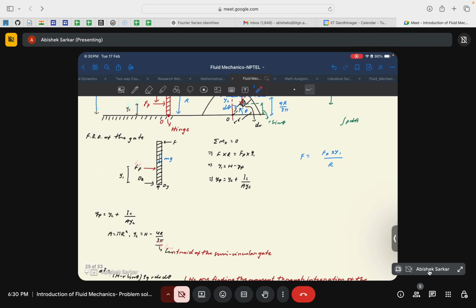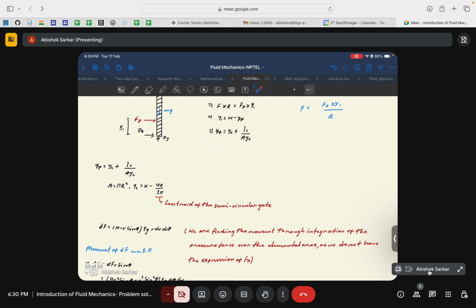So the net elemental force that acts on this particular elemental area would be rho g times the elemental area r dr d theta times the depth of this particular area, h minus r sine theta. I hope this is clear.